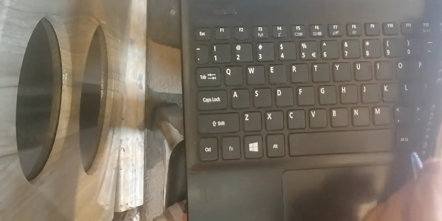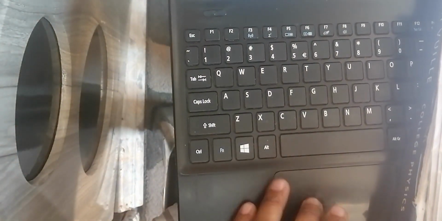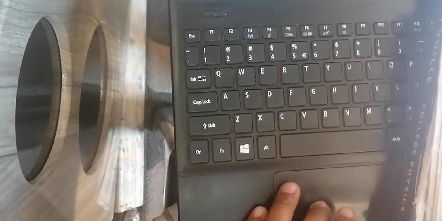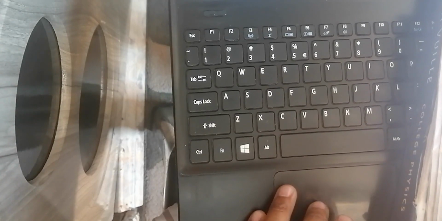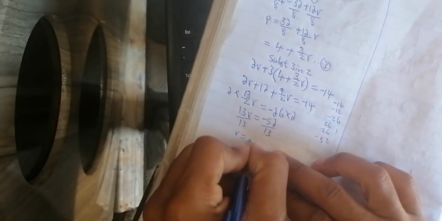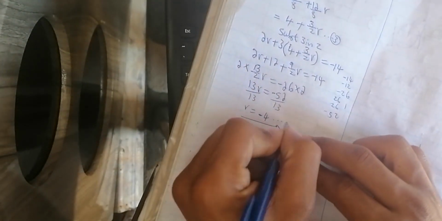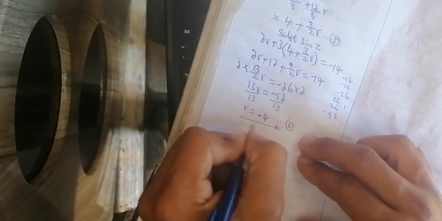How many 13s can I pull out of 52? 52 divided by 13, I will get an answer of 4. R equals minus 4. And this would be equation 4.